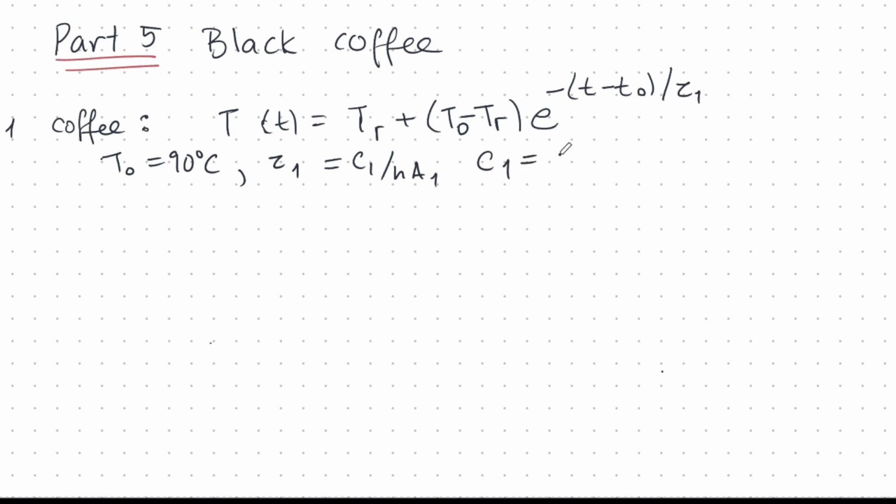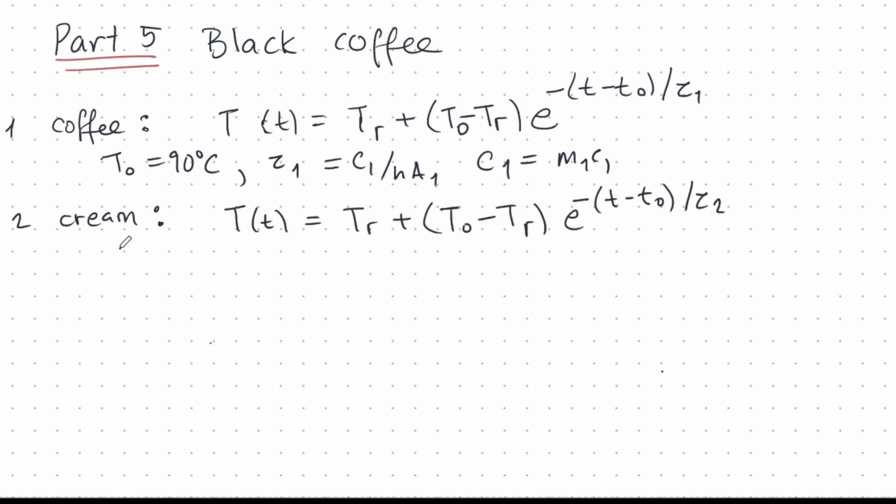Big C1 is M1 c1. And now for cream, we have the following curve with the data T0 is 10 C, nice and cool. Tau 2 is big C2 over HA2, and C2 is M2 little c2, specific heat capacity. So we have all of that.